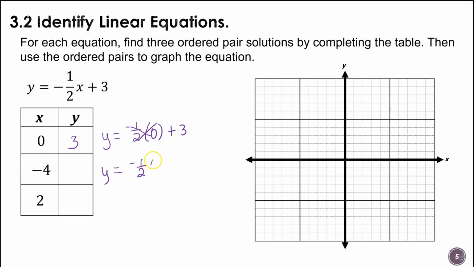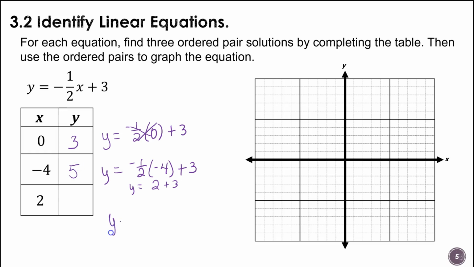And that problem, okay. -4 plus 3. Now, on this one, we're simply saying, what is half of 4? Half of 4 is 2. Both of these are negative, so that means it's a positive 2. So 2 plus 3 is 5.